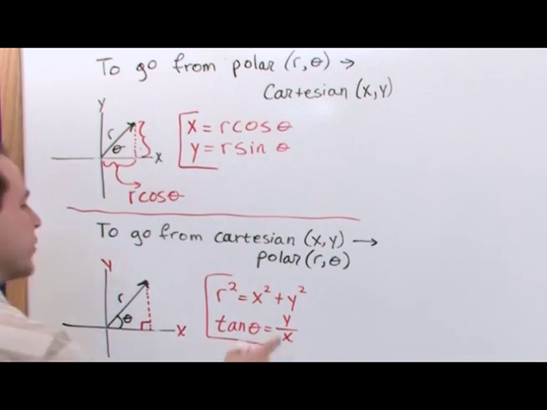But basically, when you're given an x and a y, remember back to the very first section on the inverse tangent function. You're going to divide y by x, and take the arctangent to get the angle back.